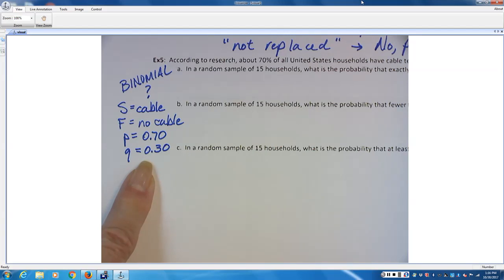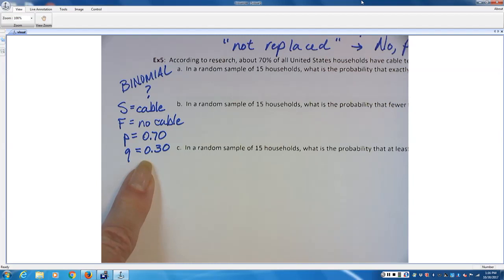If you randomly select 3 households out of a neighborhood and check those 3 houses, do you think the probability that the first house has cable has any reason to be connected to the probability that the house next door has cable? You think they ask each other, do you have cable?